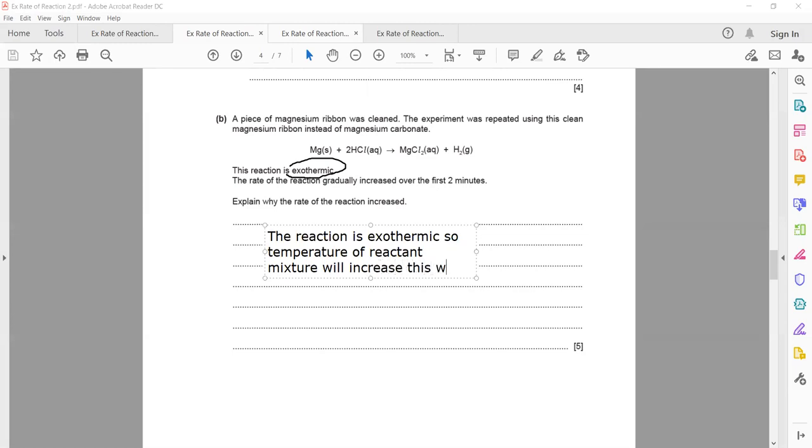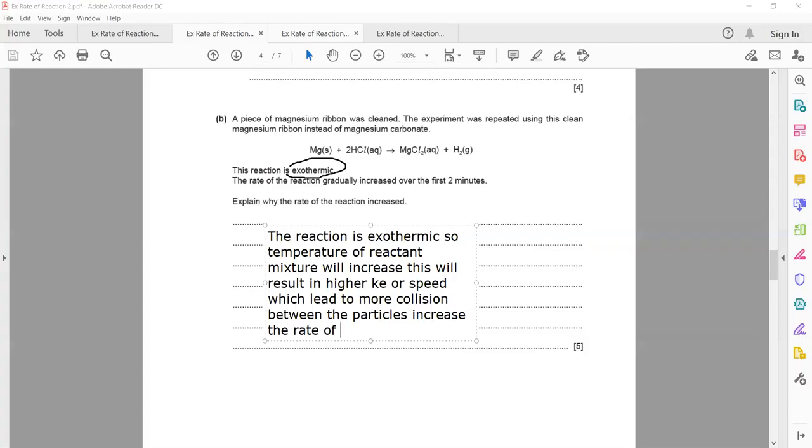This will result in higher kinetic energy or speed, which leads to more collisions between the particles, increasing the rate of reaction.